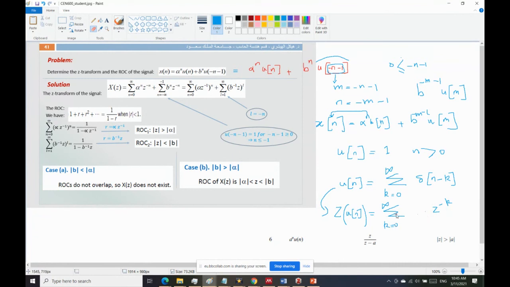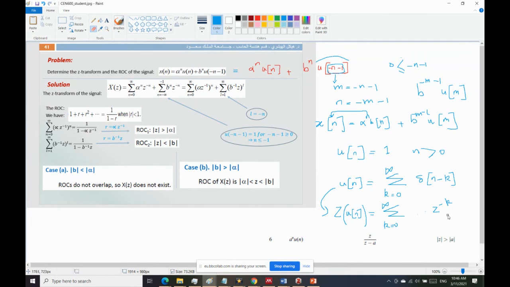But we did this. Remember we used the rule that if you sum 1 plus R plus R squared and so on to infinity, if the absolute value of R is less than 1, it's equal to 1 over 1 minus R. That's why we found in the end, we proved it, that it is Z over Z minus 1.